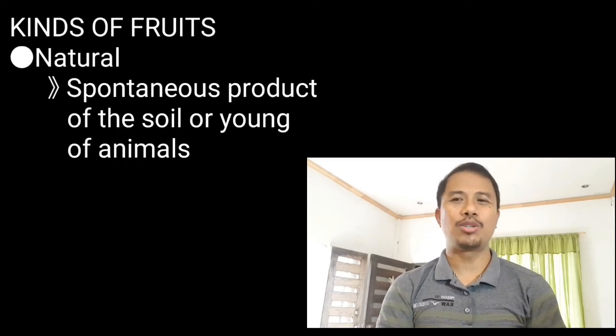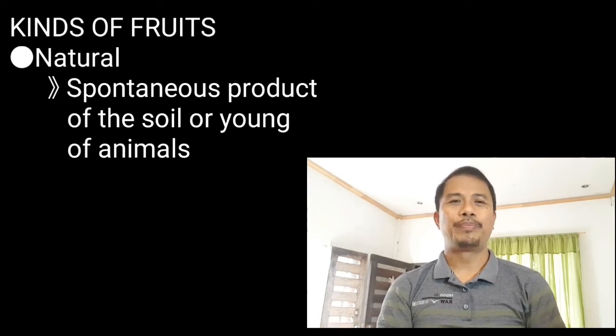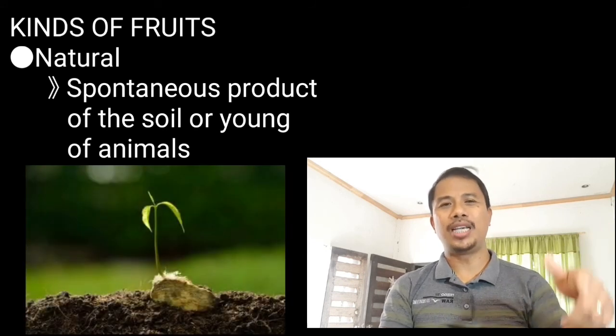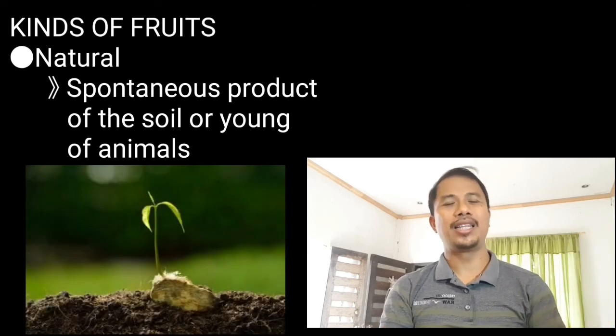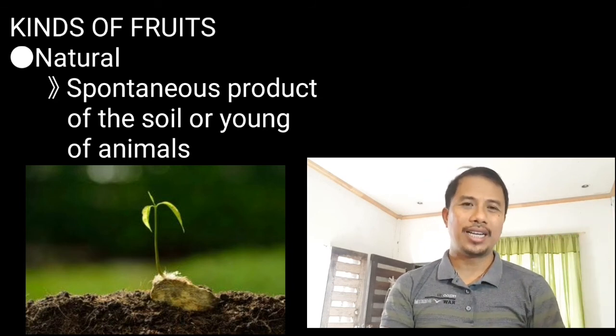When we talk about natural fruits, these are spontaneous products of the soil and the young of animals. So let's say, for example, you throw a mango seed on the land and it grows, then it's a natural fruit of the land.